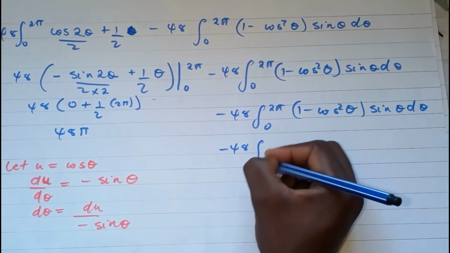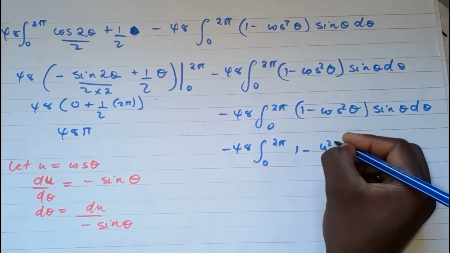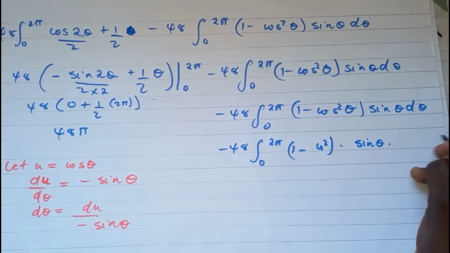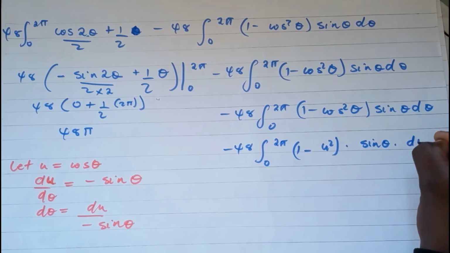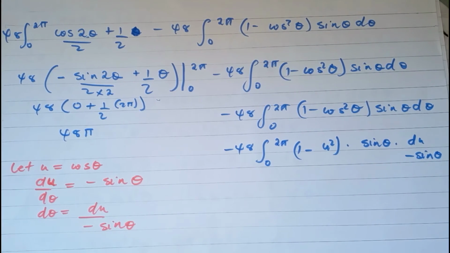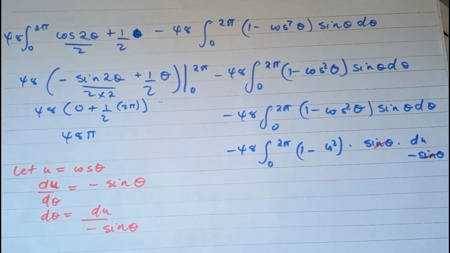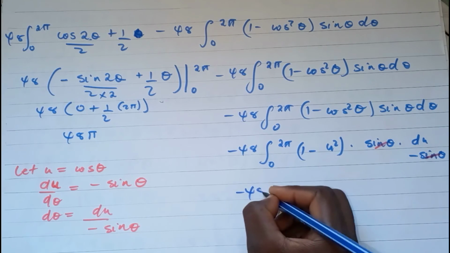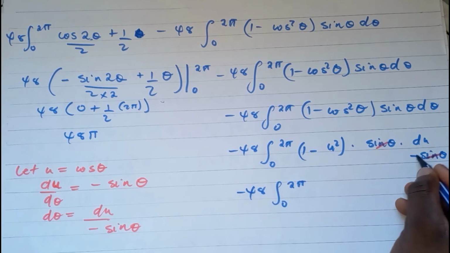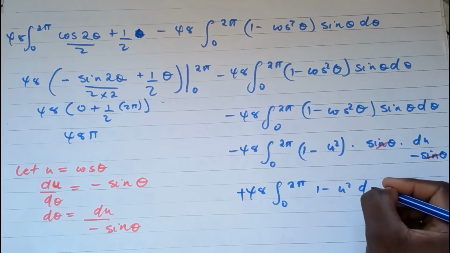Negative 48 integral from 0 to 2 pi of 1 minus u squared, times sine theta, and for d theta I'm going to say du over negative sine theta. As you can see, this will cancel this, and now we have negative 48 integral from 0 to 2 pi of, negative and negative, so that means I have a positive here, 1 minus u squared du.